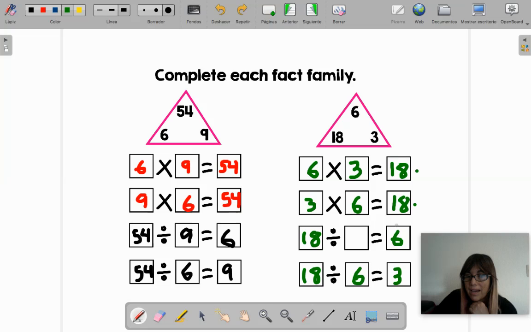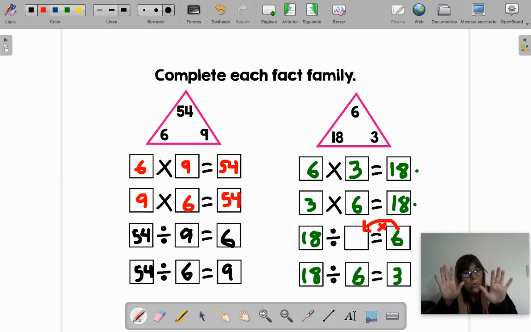We're going to begin here and go backwards, but instead of divide, we multiply. So you have to think, 6 times what gives me 18? Here is when you do your times tables.